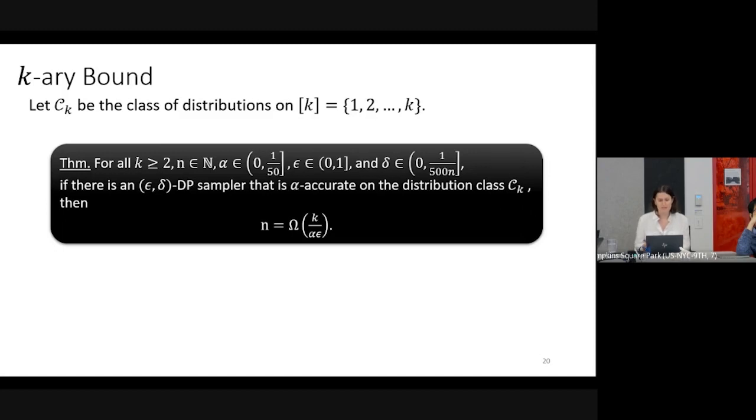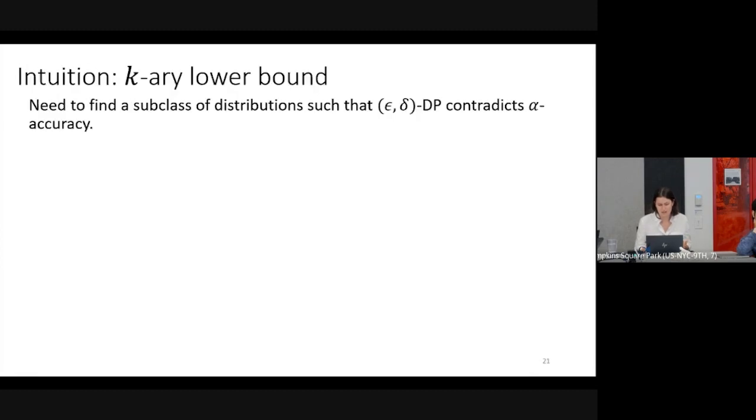So the question is, how do we prove this lower bound? We're just trying to show that outputting a single sample is hard, and it's hard to be accurate. We rely on a few observations. Basically, we need to find a subclass of distributions such that privacy will contradict accuracy if you don't have enough inputs.